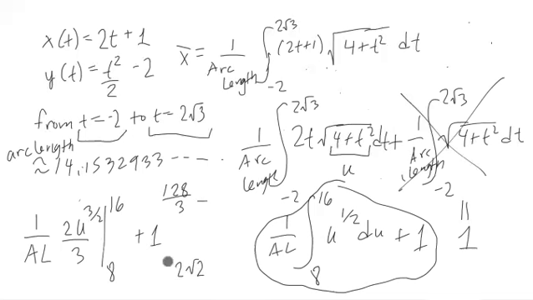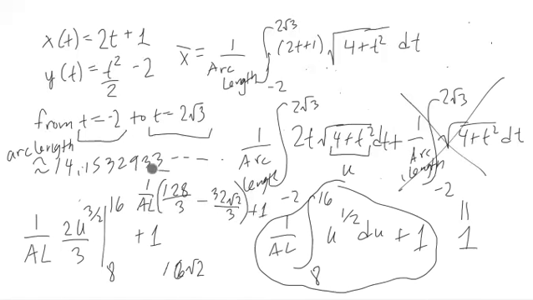So that'd be 16 root 2, then multiplied by another 2 would be 32 root 2. So 32 root 2 over 3. So we end up getting 128 over 3 minus 32 root 2 over 3. And that we multiply by 1 over the arc length, AL, and then we simply add 1 to it.